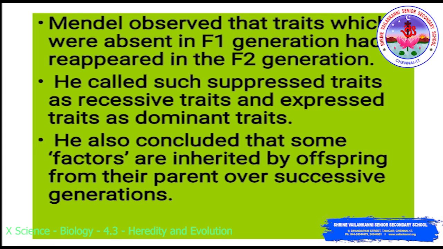Based on this, he called such a suppressed trait a recessive trait and the expressed trait a dominant trait. The recessive gene is otherwise called the hidden or suppressed gene, whereas the expressed trait is known as the dominant trait. He also concluded that some factors are inherited by offspring from the parents over successive generations.